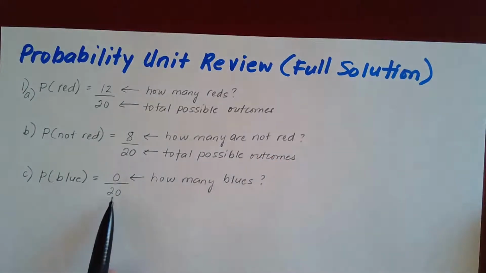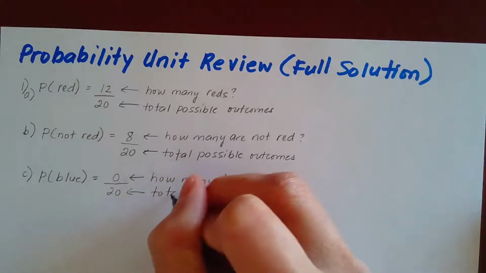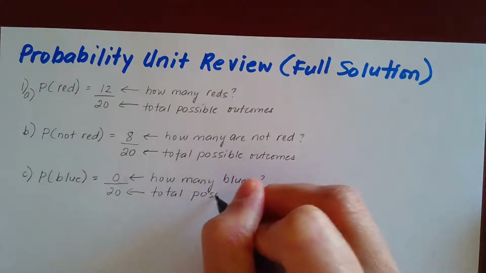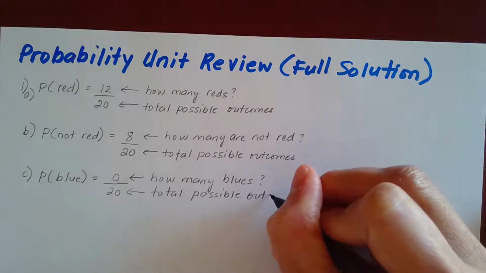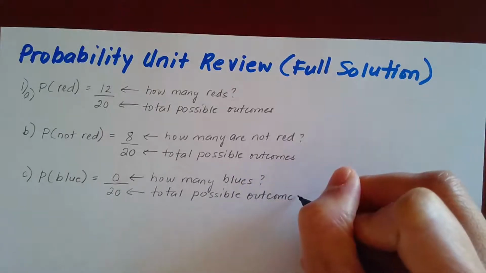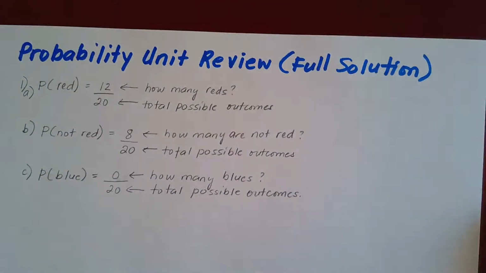Well, there's no specific mention that there are blue, and 20 would be the total possible outcomes, meaning total possible jelly beans. So that one is pretty straightforward, thinking about the probability part.